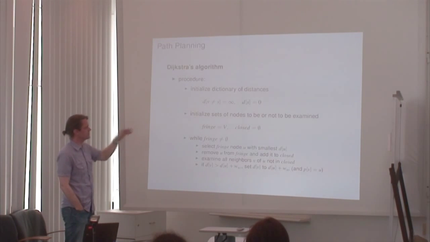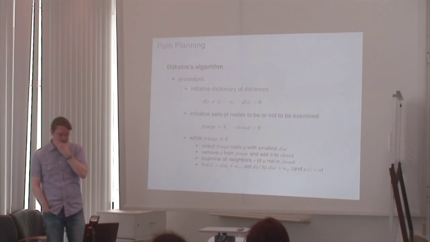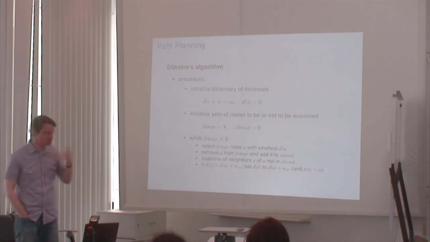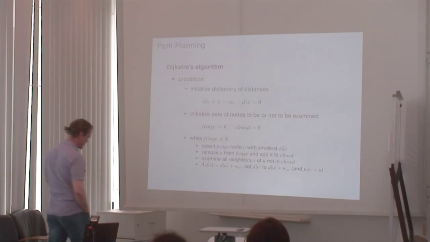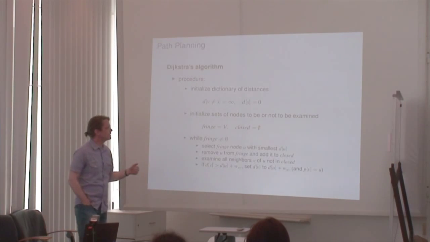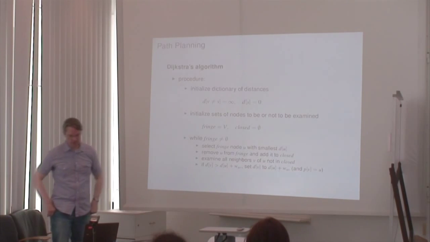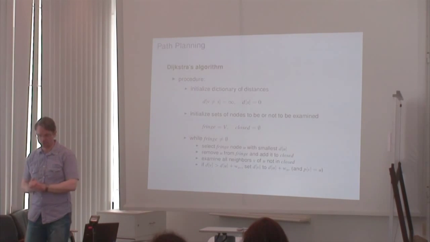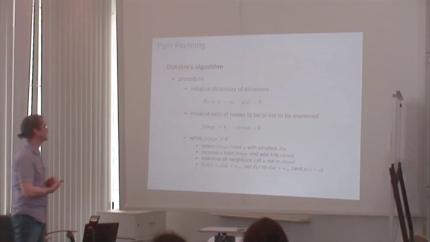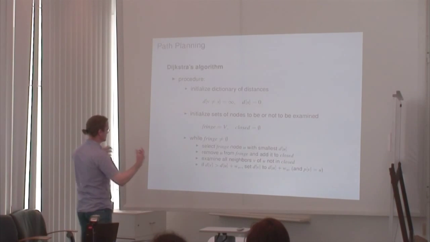And let us briefly remember what it does. So we are given a graph, we are given a source node. And then this algorithm initializes a dictionary. Let's use this term, dictionary. That's what we use in our endeavors in Python.